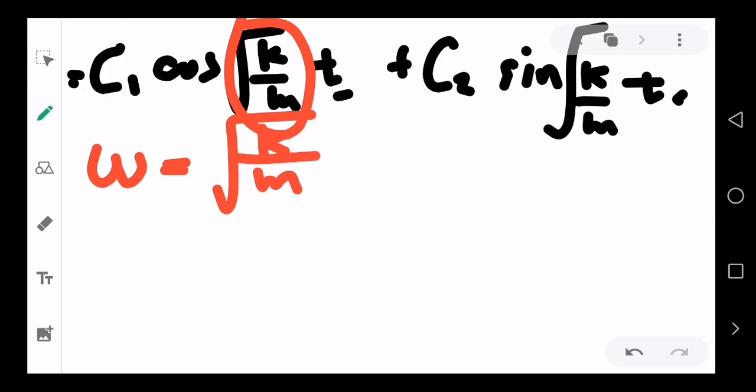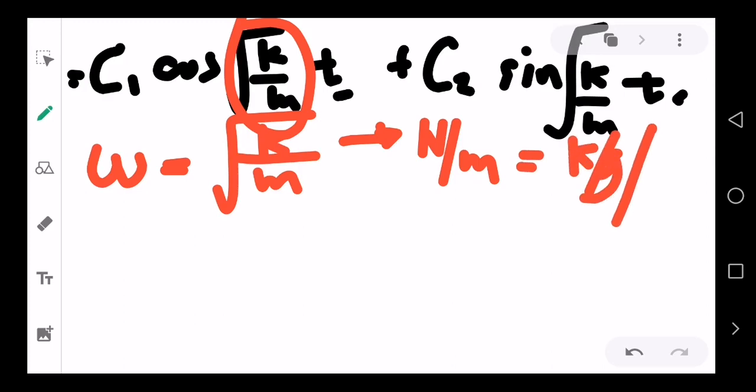K being the spring stiffness or spring constant, and m as its mass, we could see that the units of k would be newton per meter or kilogram per second squared.